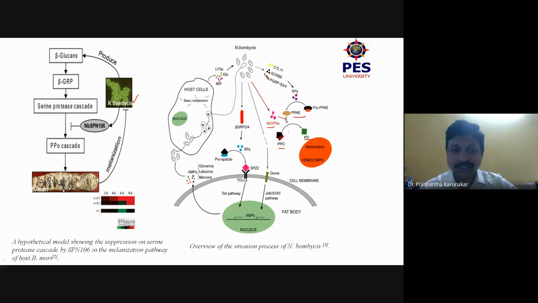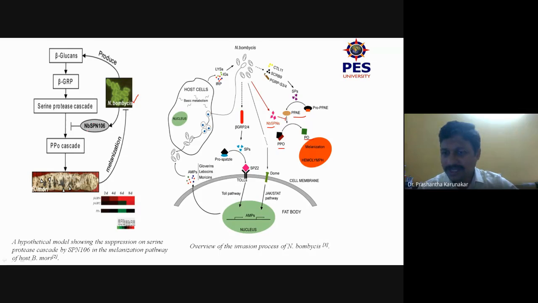If it is affecting, then is there a possibility that we can develop a drug that will inhibit this? So if we critically look into this pathway, we are designing an inhibitor to an inhibitor.